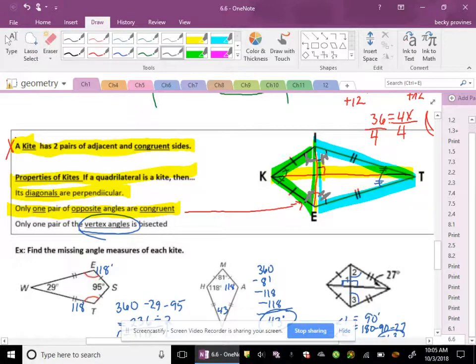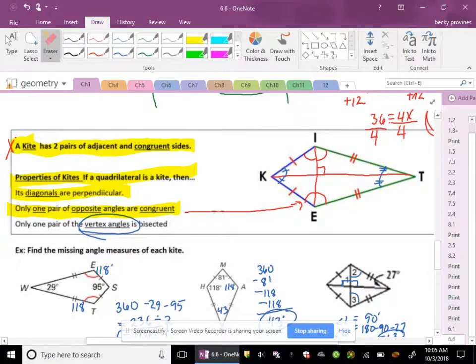So if you add the two together at I and you add the two together at E, they're going to be the same no matter what. So those are the two that are always equal. A lot of times you can look at K and T and tell that they're definitely not the same. So just remember there's only one set. It's usually the set that's closer together. That's one easy shortcut way you can think about it.